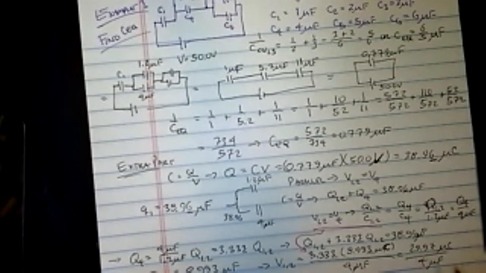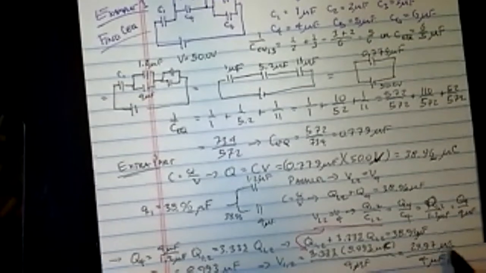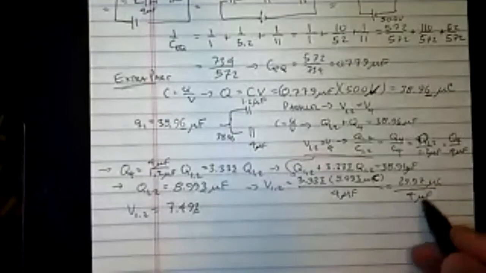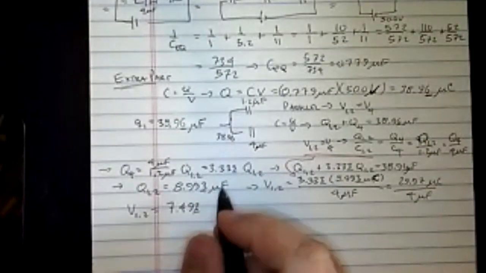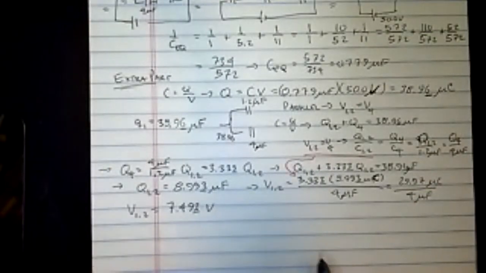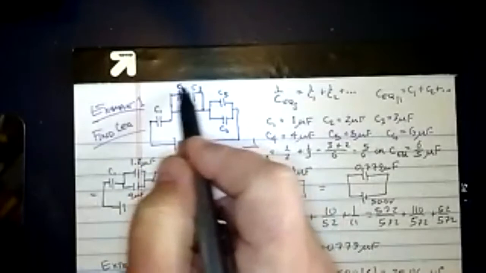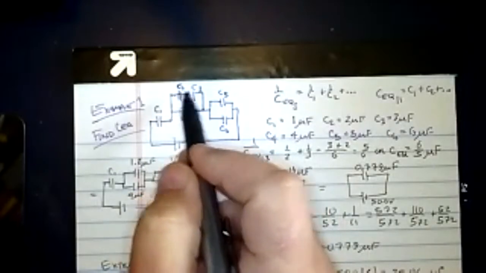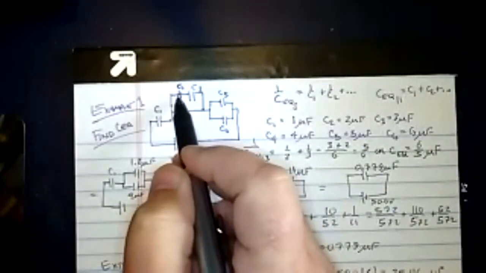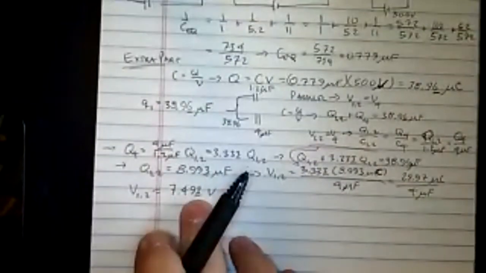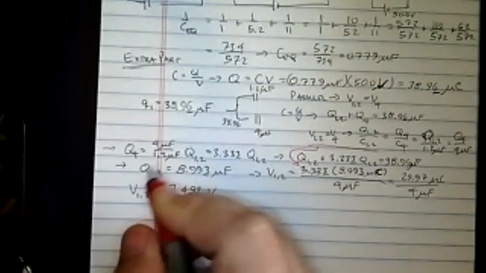And since the micros cancel out top and bottom there, you can see that it's just going to be coulombs per farad, which is a volt. So 7.493 volts. So now, because I know the voltage across here, I know the voltage across here, and I know that V2 plus V3, the voltage across capacitor 2 plus the voltage across capacitor 3, has to add to give me that 7.493. I already have some values here.